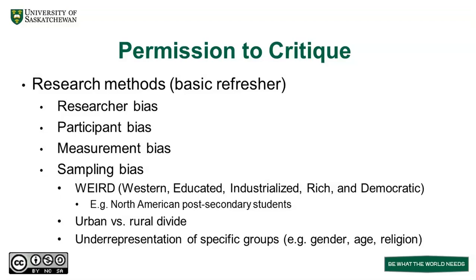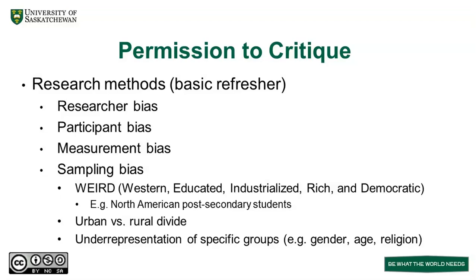For instance, you might have heard of what's referred to as WEIRD populations, so Western, educated, industrial, rich, and democratic. Simply, this refers primarily to North American post-secondary students. This is a population that has been disproportionately studied because of their availability to academic researchers.